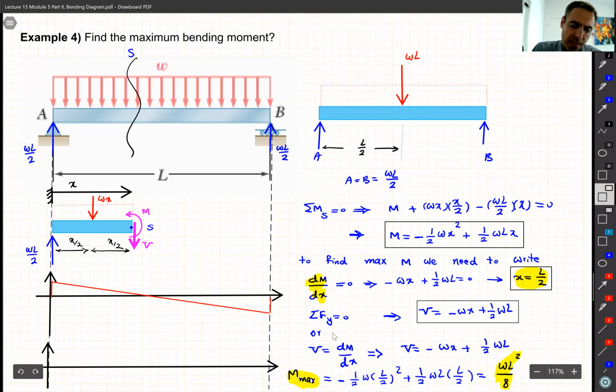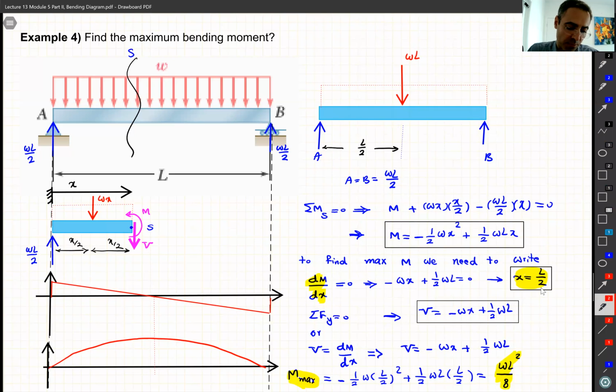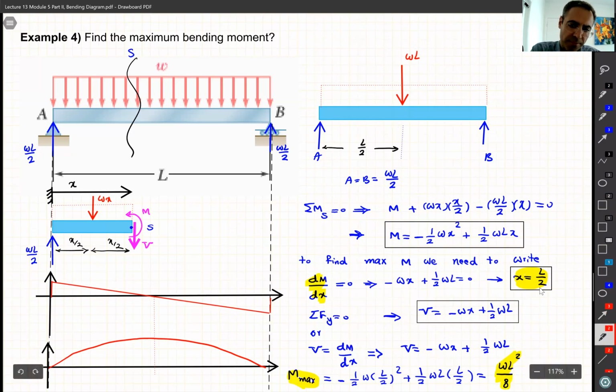And M is a second order polynomial, also with the knowledge that in the middle, M is maximum because V is 0 in the middle, right? And also we found that in the middle, at X equals L over 2, M is basically maximum. So this is our V and M diagram.